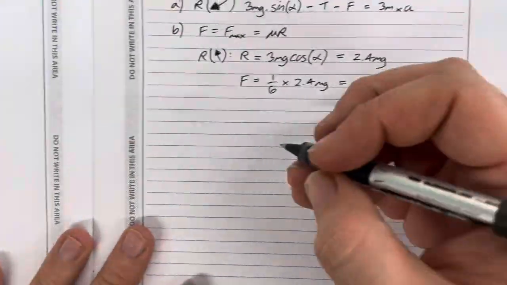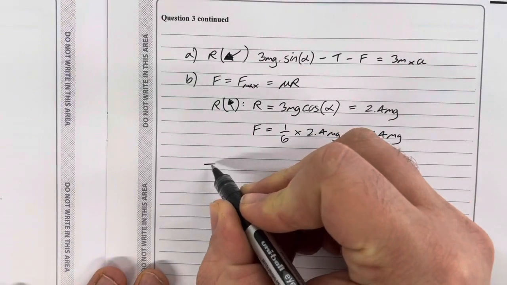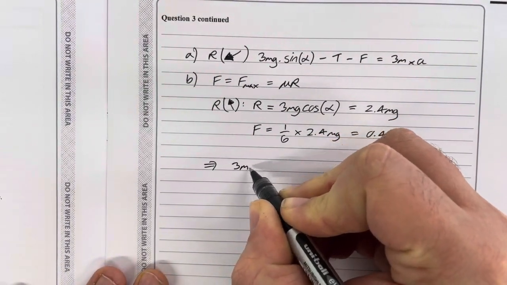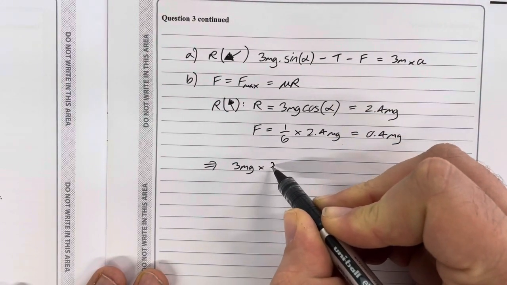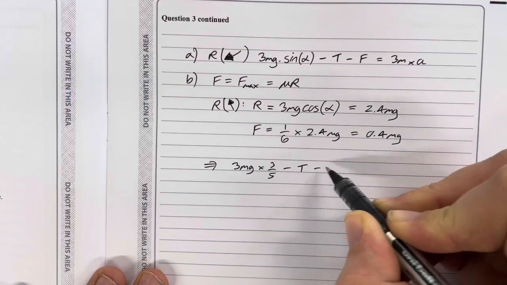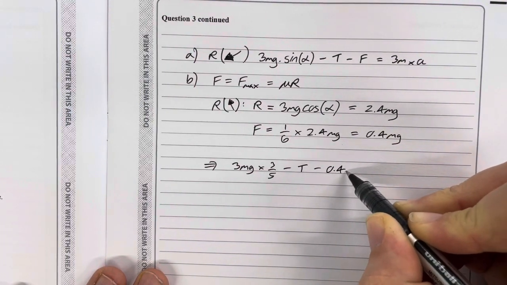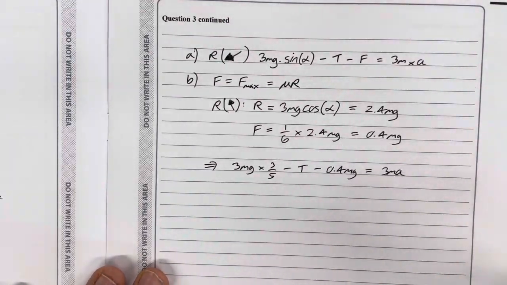All right, so if I plug that into here, this gives me 3 mg times sine theta, which is 3/5, minus the unknown tension, minus the frictional force, which is 0.4 mg. That's going to equal 3 ma.